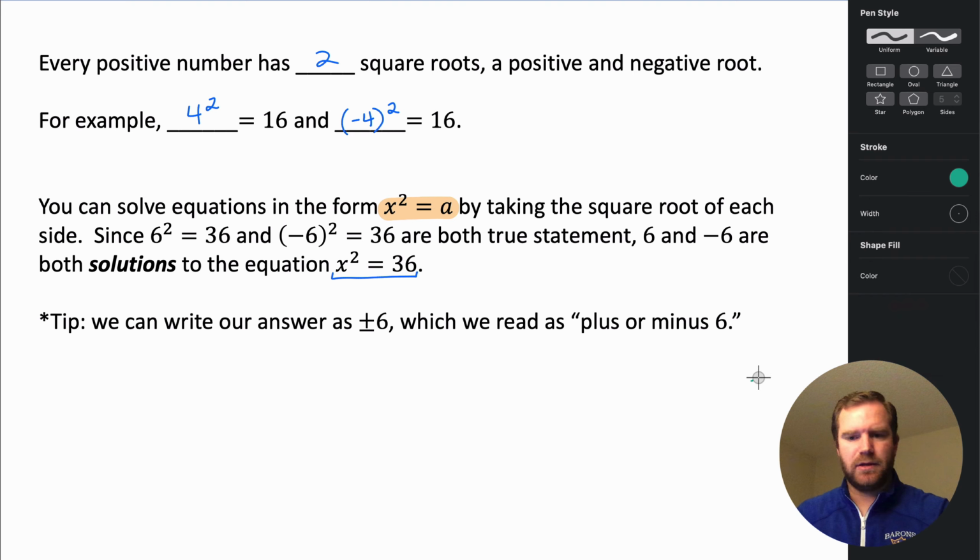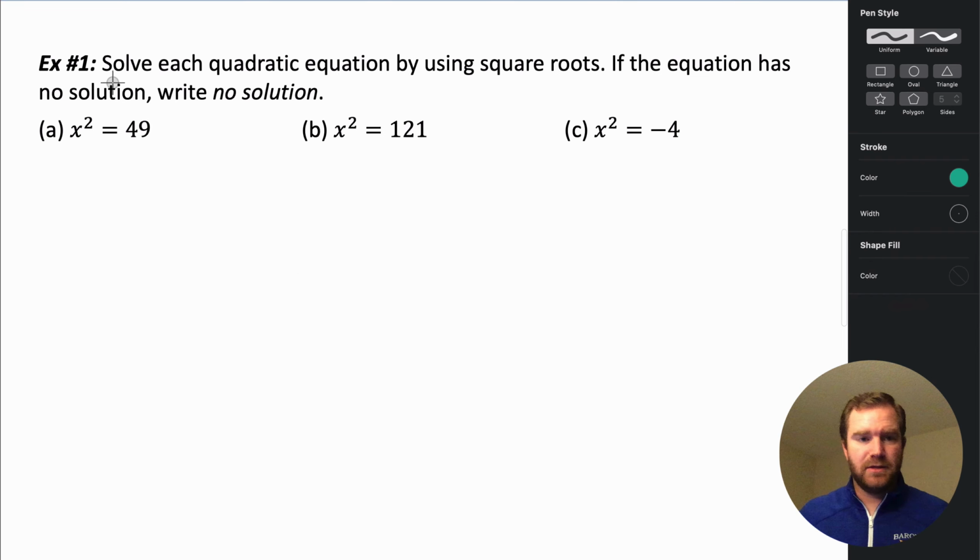Okay, so let's look at this first example here. It says, solve each quadratic equation by using square roots. If the equation has no solution, write no solution. We'll talk about that in just a minute. So we have x squared equals 49. In order to solve this, what we have to do is think to ourselves, what number times itself is 49?